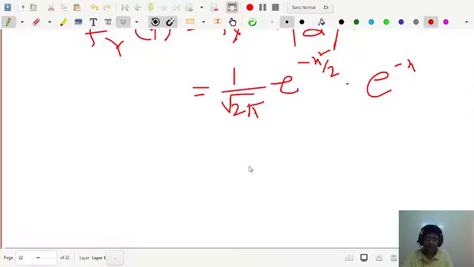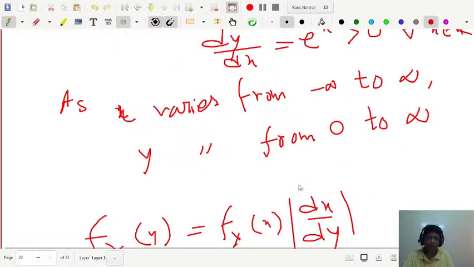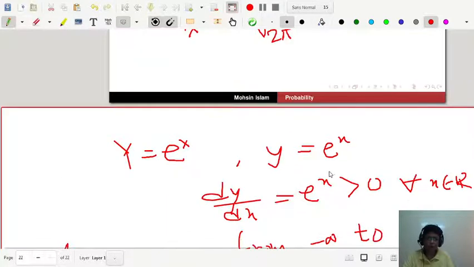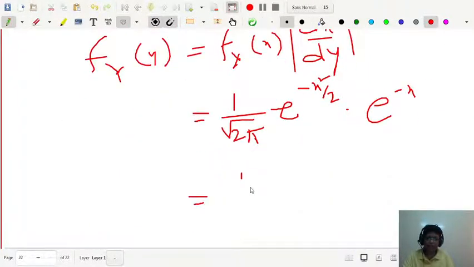So ultimately if you change into y, because your e to the power x is y, this can be written as 1 by root over 2 pi into 1 by y.